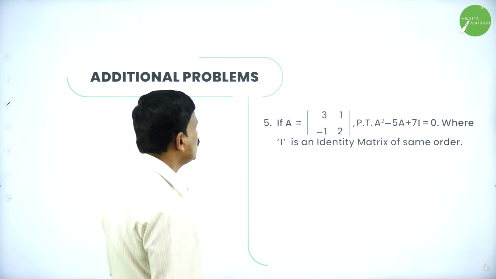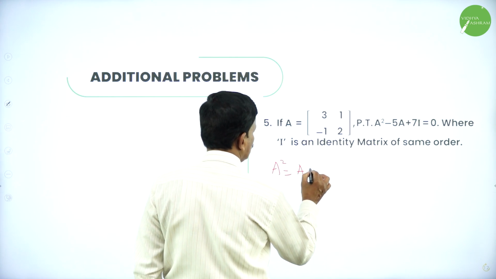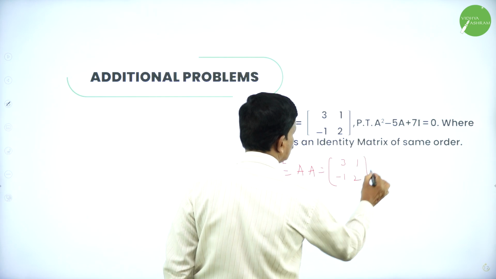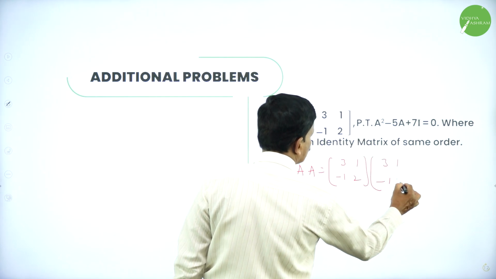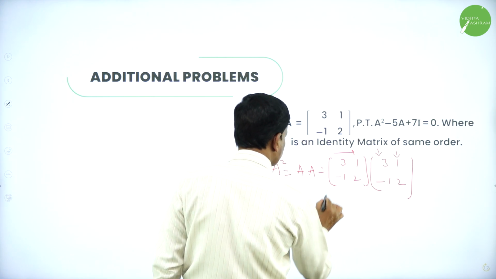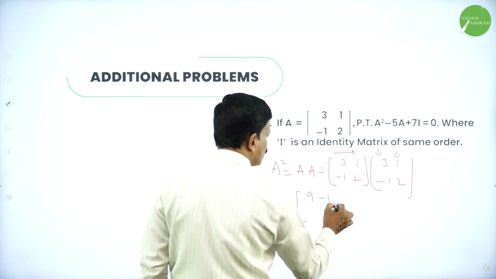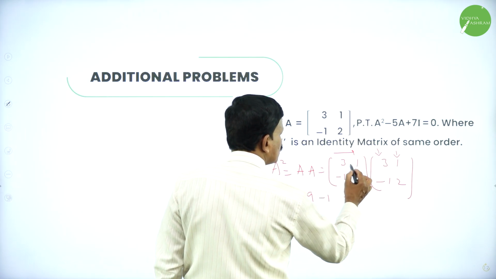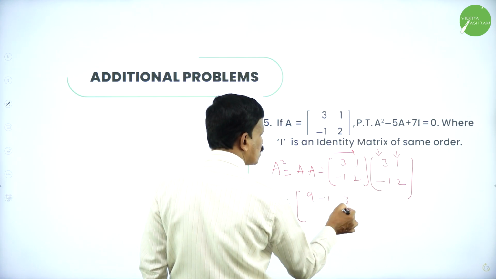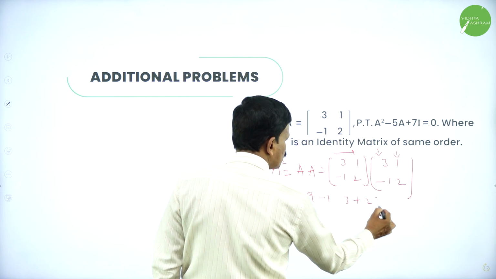What is given? A. First find A square. A square is equal to A into A. What is A? 3, 1, minus 1, 2, again 3, 1, minus 1, 2. First row, first column: 3 3s are 9, 1 into minus 1 is minus 1, which is 8. First row, second column: 3 1s are 3, 1 2s are 2, which is 5.